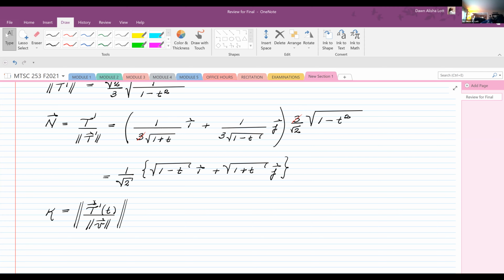All right, good then. So the length of t prime, we did.